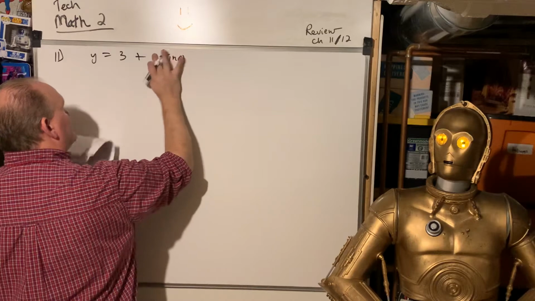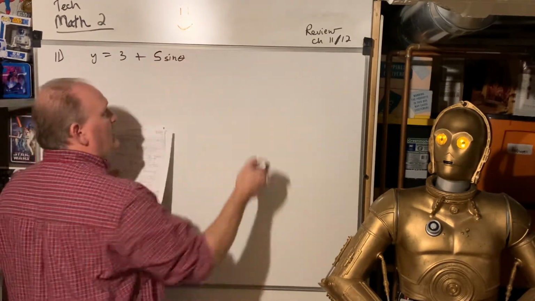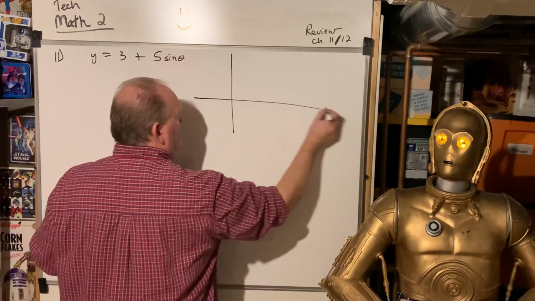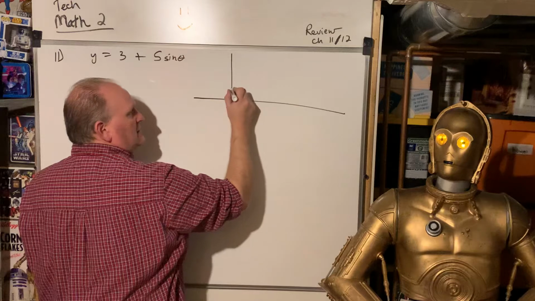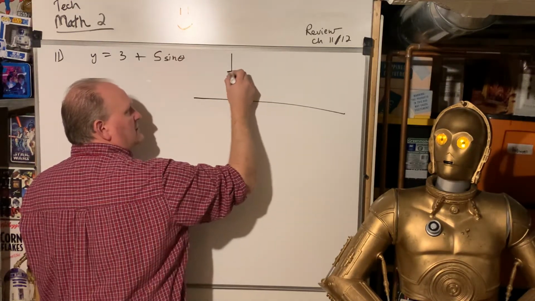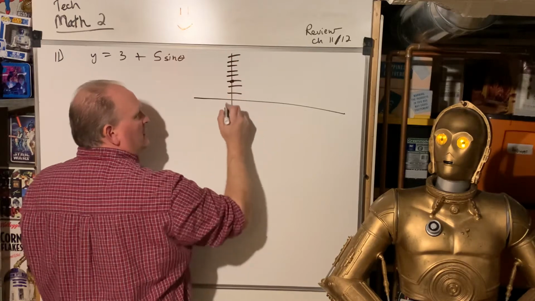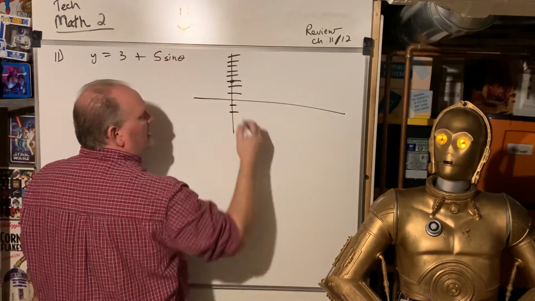And then they ask, where does it cross the y-axis? Well, that plus 3 takes the whole sine and just shifts it up 3 units. So right there, and then it goes up 1, 2, 3, 4, 5 more, and down 1, 2, 3, 4, 5. So down as low as that.